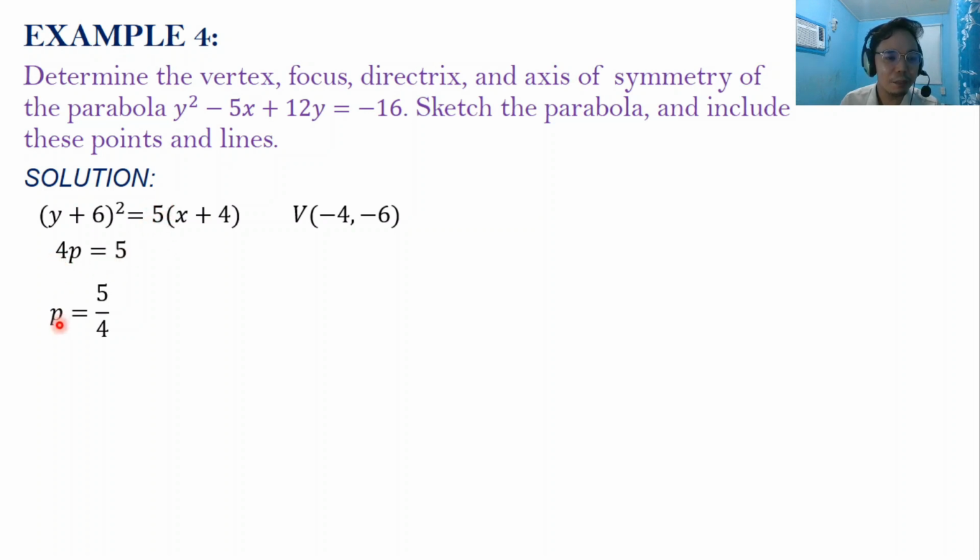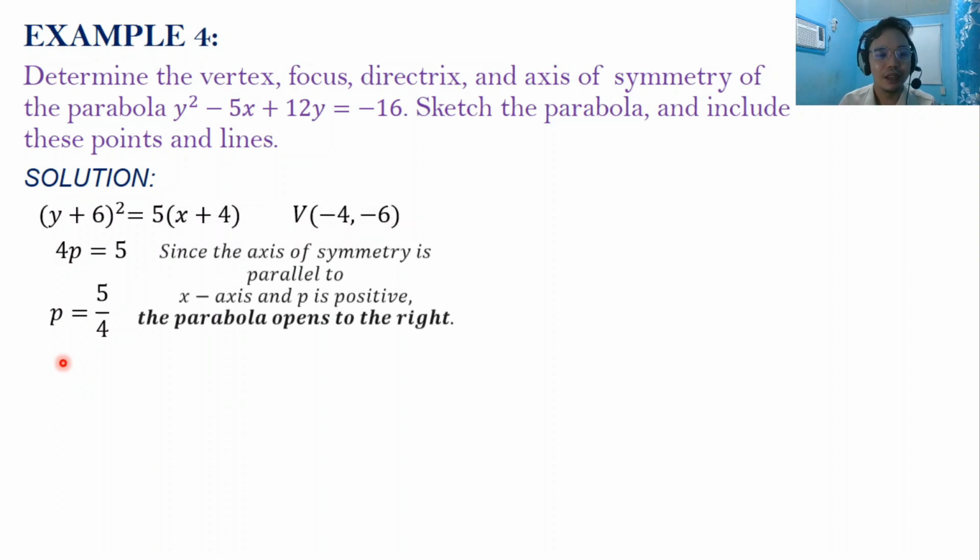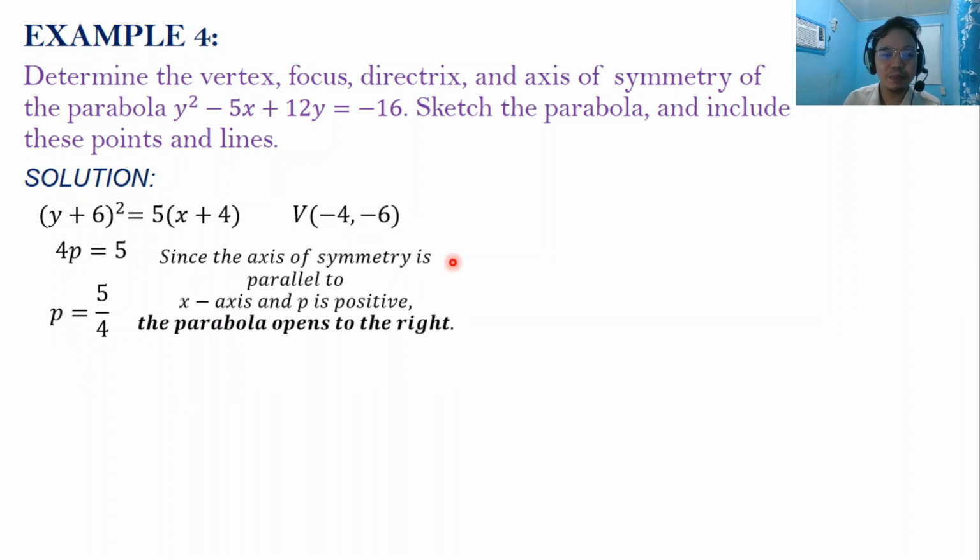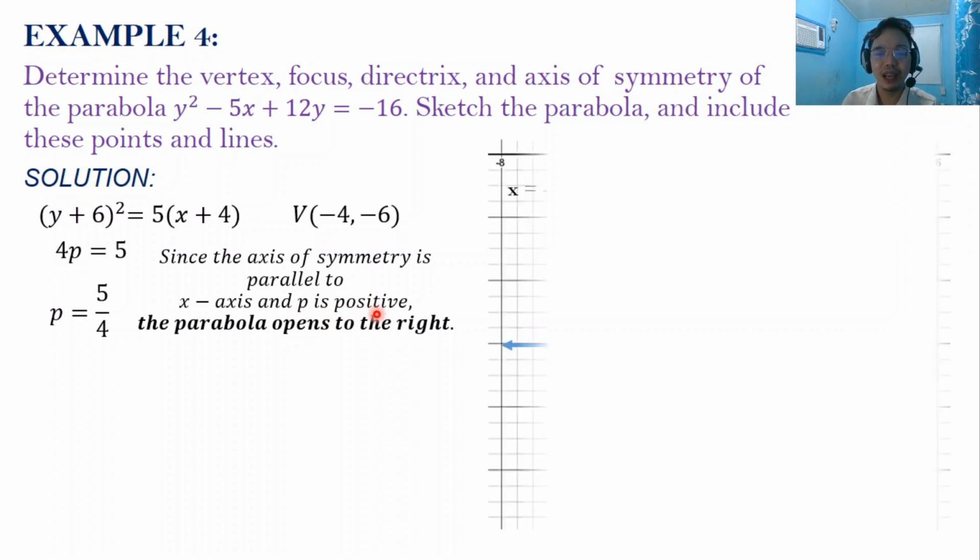Then, isolate p, divide both sides by 4, we will have 5 over 4 as our value of p. Since the axis of symmetry is parallel to the x-axis, because it starts with y squared, and p is positive, the parabola opens to the right.